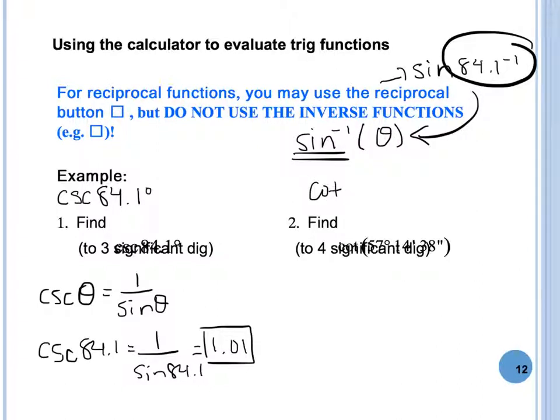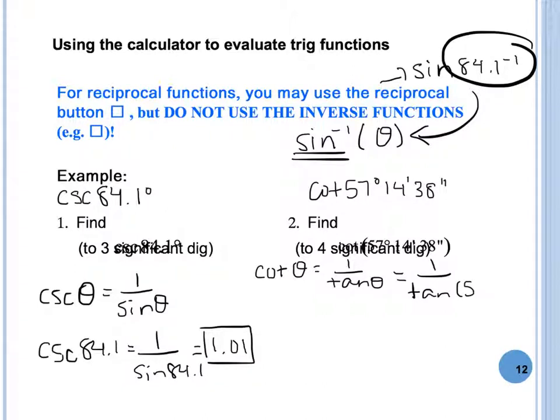In my second question, it asks about cotangent, and we have degrees, minutes, seconds: 14 minutes, 38 seconds. So again, I'm going to take cotangent, and that is 1 over tangent of this gorgeous angle. And on my calculator, putting in 57 degrees is not difficult.